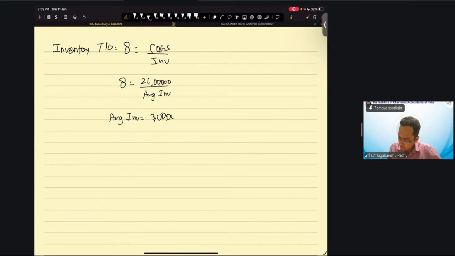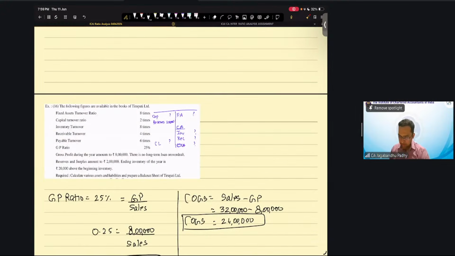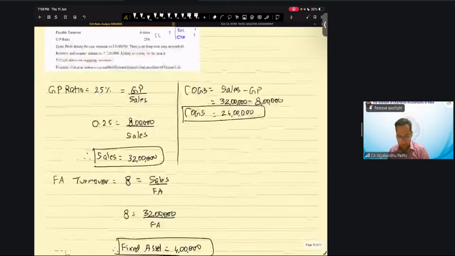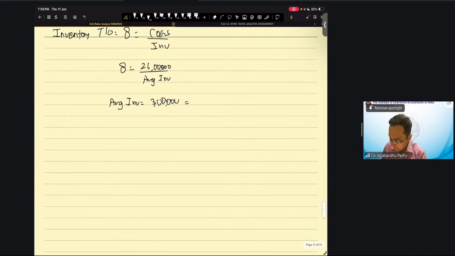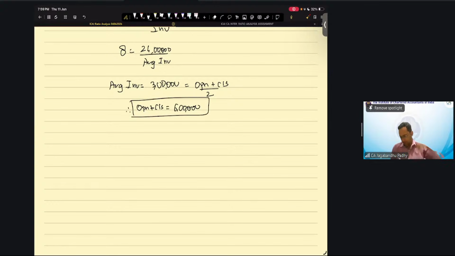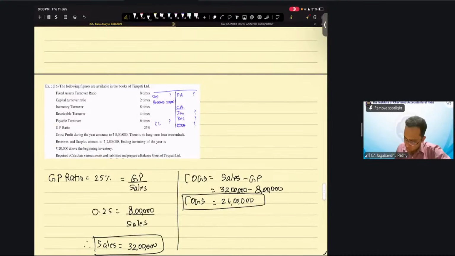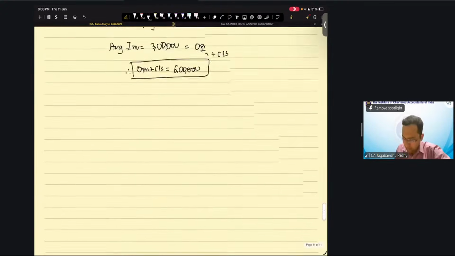So this 3 lakh is actually opening plus closing by 2, and there is information that ending inventory is 20,000 above the beginning inventory. So the average inventory is opening stock plus closing stock by 2. Therefore, opening plus closing is 6 lakh. The question says that the ending inventory is 20,000 above the beginning inventory.